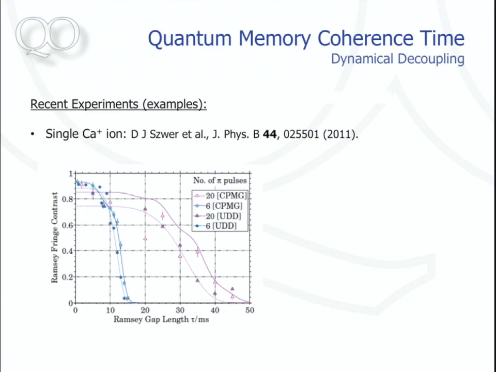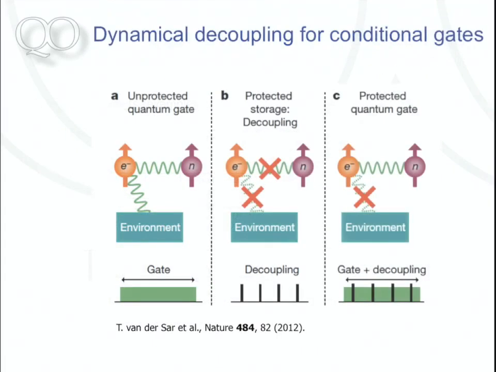Okay, so these are quantum memories, but actually what we wanted to do is in the spirit of this experiment, which I believe was the first experiment where dynamical decoupling has been applied to a quantum gate, not to a memory. This is an NV center in diamond. So you have a nuclear spin and an electron spin, and they couple.